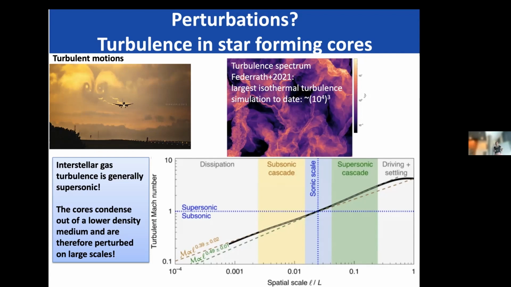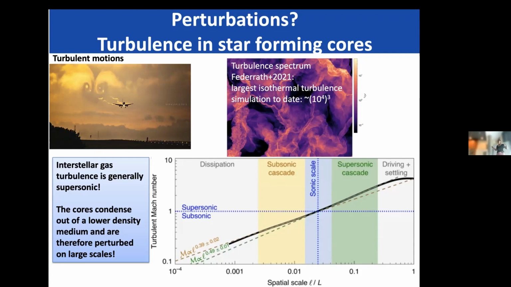I think they use Mach number 4 or something like this, and then they want to resolve the so-called inertial range, which is where the turbulent power spectrum is established. They want to resolve it beyond the so-called sonic scale, which is the transition from supersonic motions to subsonic motions.